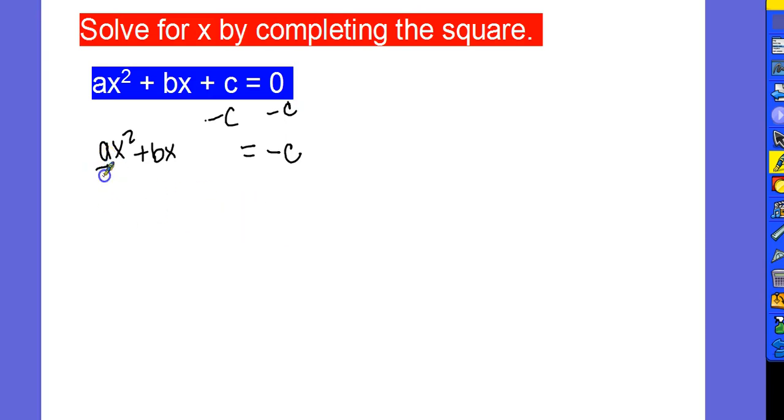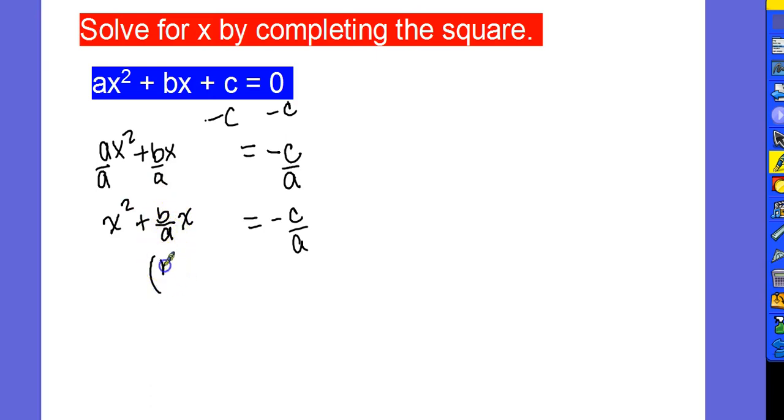Okay, now that we've moved the c to the other side, what should we do? Divide by a. So we're going to divide all our a, b, and c's by a and simplify to x squared plus b over a x equals negative c over a. You'll notice that my x is separate from my b term, which is now b over a. Our next process, of course, is to cut our b term in half.